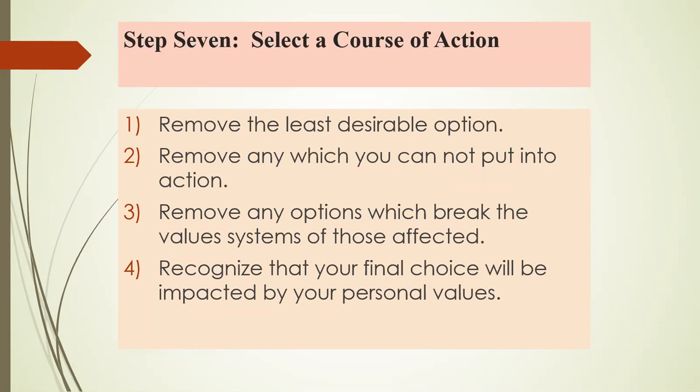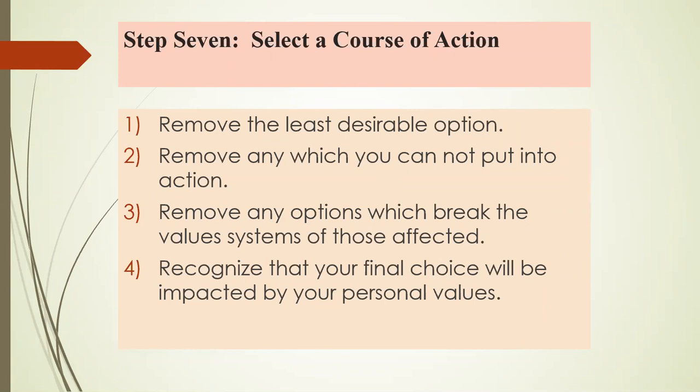When we list down all the options, as I said, we remove the one which is not practical. But the next point, which is rather more important, is what is not good according to the value system, or which is not good for the people or the parties who are involved in this particular process.